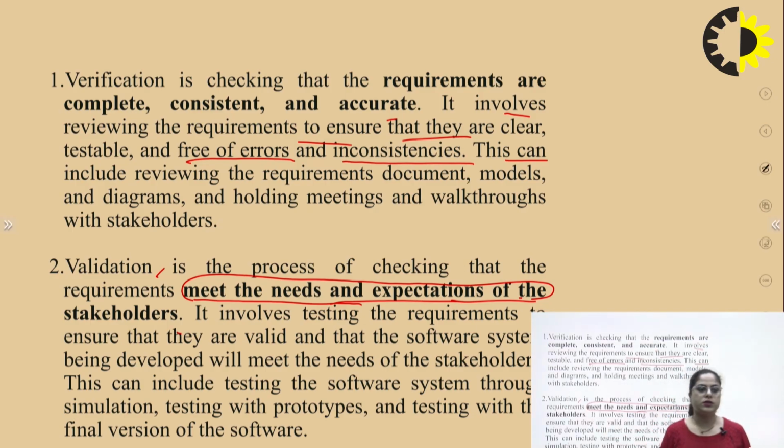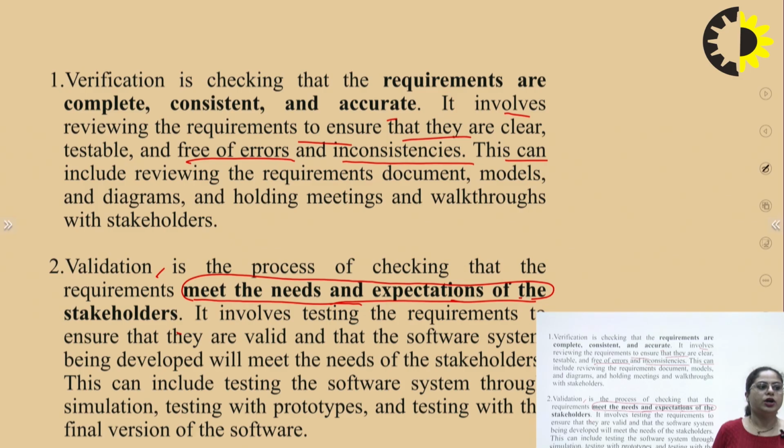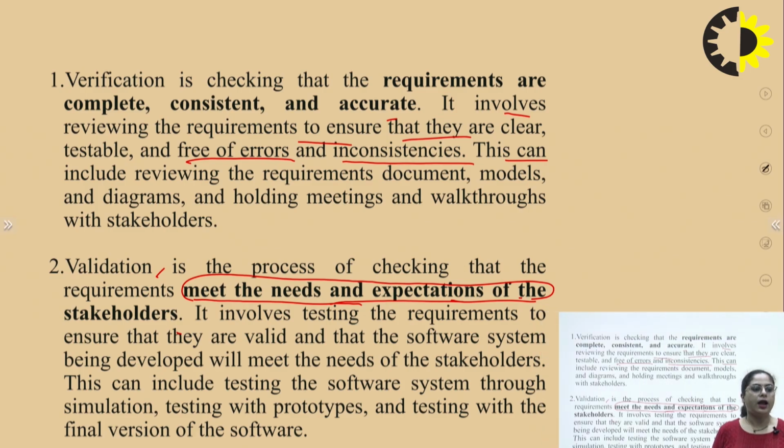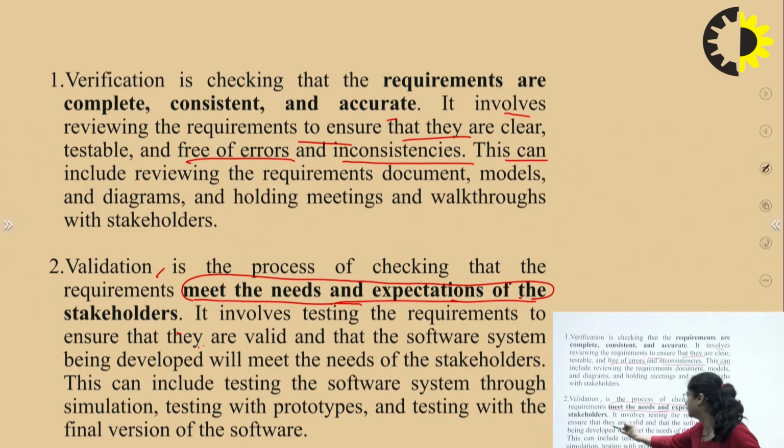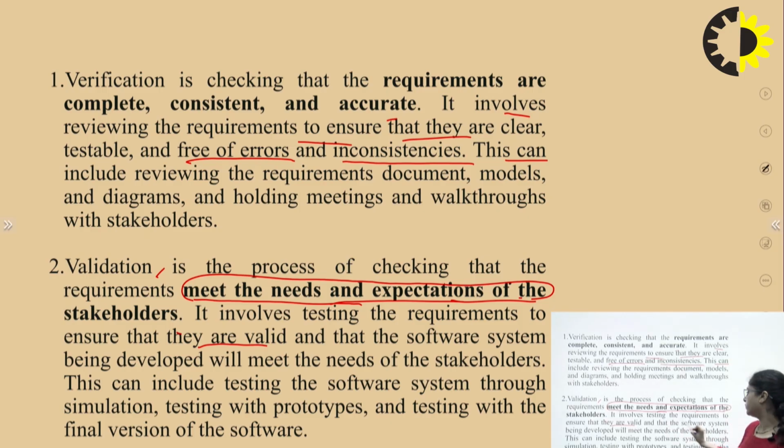It involves testing the requirements to ensure that they are valid and that the software system being developed will meet the needs of the stakeholder. This can include testing the software system through simulation, testing with a prototype and testing with the final version of the software.